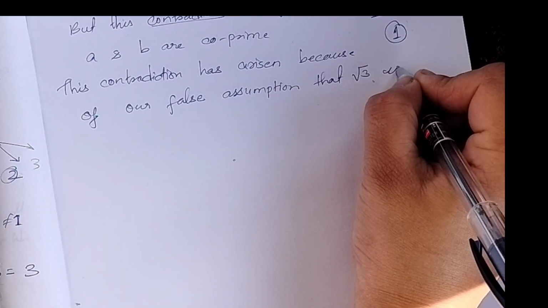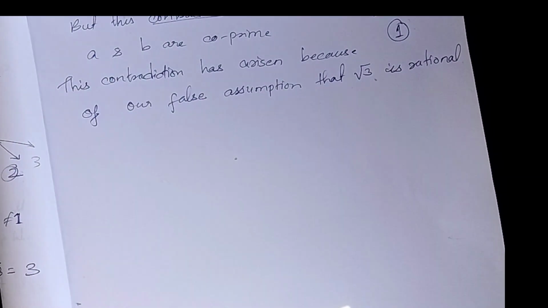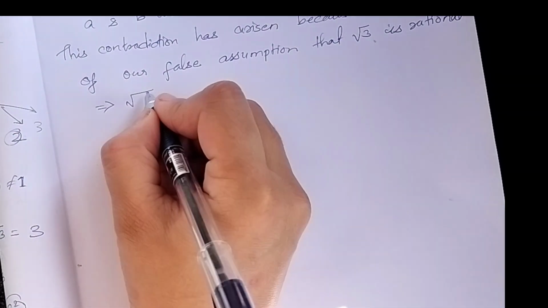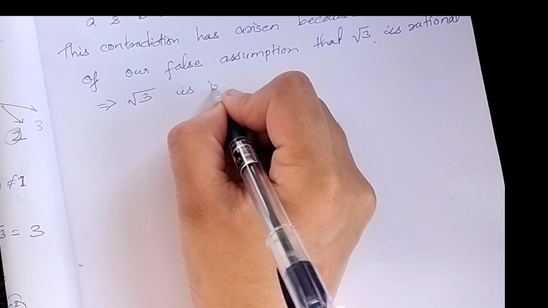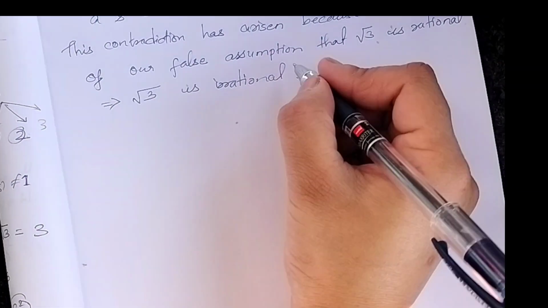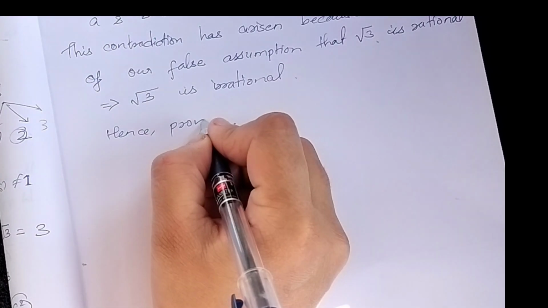We assumed root 3 is a rational number. That's why it is contradicting. So we can say that, therefore, root 3 is irrational. So with the help of contradiction, we proved that root 3 is an irrational number, hence proved. So this is very easy.